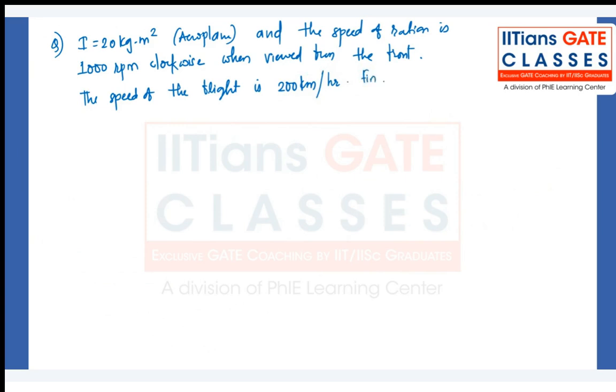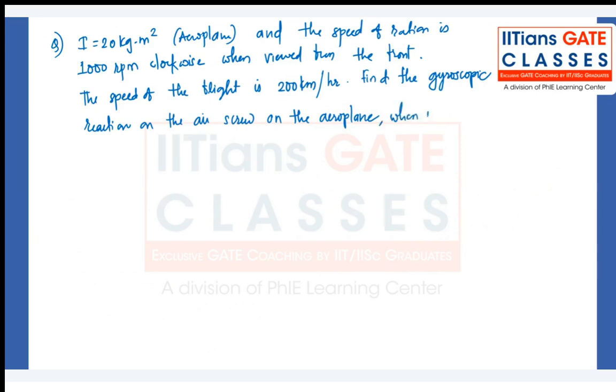So find the gyroscopic reaction on the aeroplane when it makes a left-handed turn on a path of 150-meter radius.